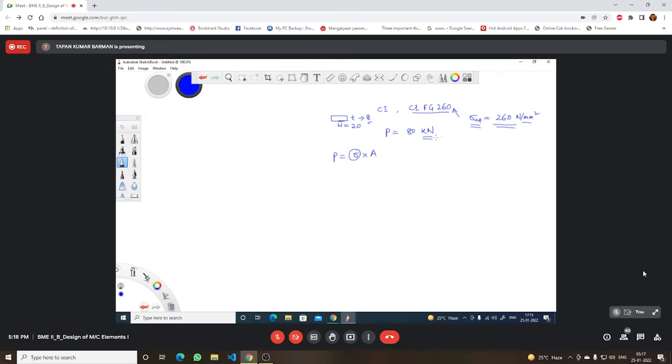Sigma ut divided by factor of safety. That is sigma ut by factor of safety. And area is basically how much? 8 into 20. And P is basically 80 into 10 cube. Here sigma ut is basically 260. So if I put the values here, you can calculate 260 into 8 into 20 by 80 into 10 cube.